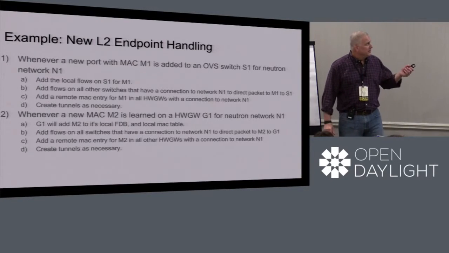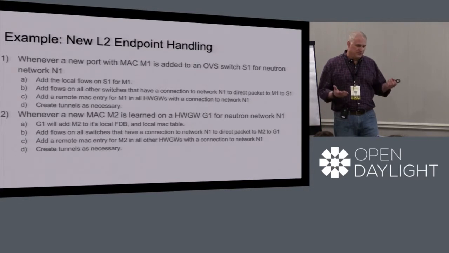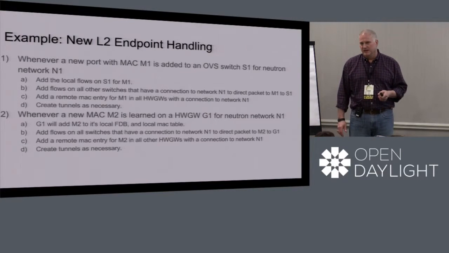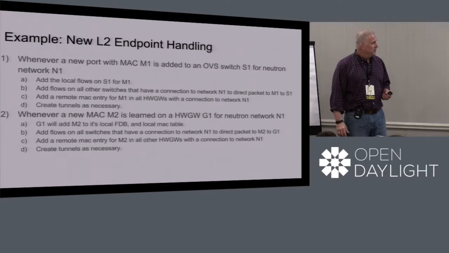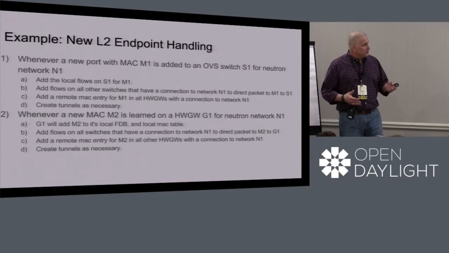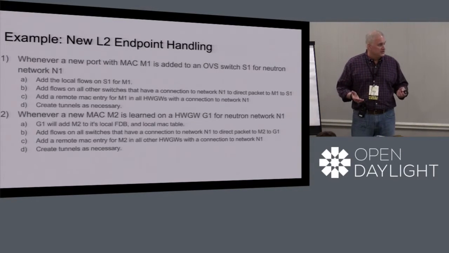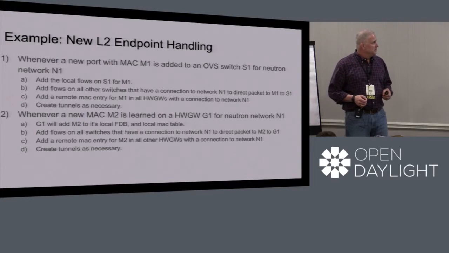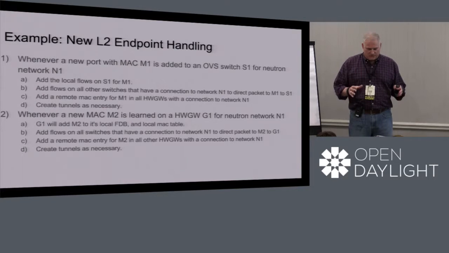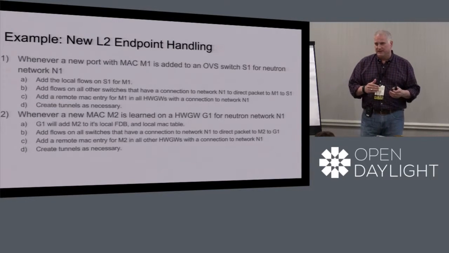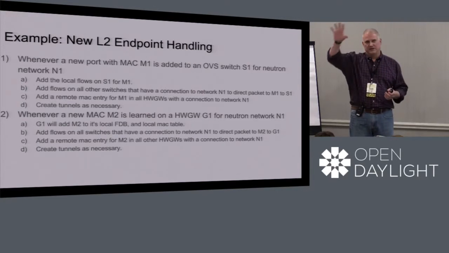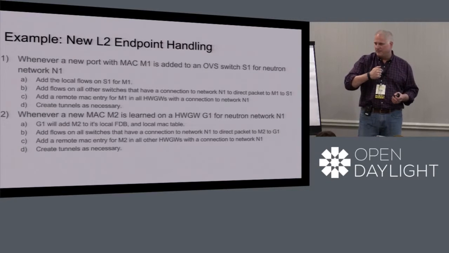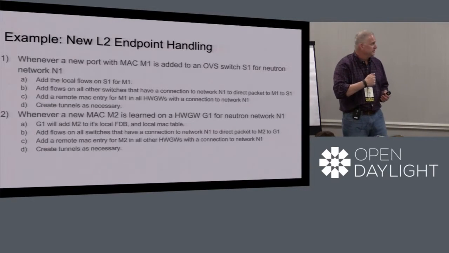Looking at the layer 2 use case, which is primarily what's happening on the hardware VTEP, when you have a new port with a new MAC added to an OVS switch, you have to add the local flows on Open vSwitch to handle that MAC address. You have to go around to all the other OVS switches and add remote flows to direct the traffic back to the switch where it exists.